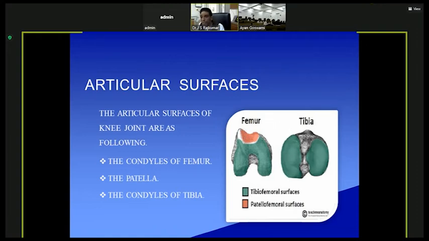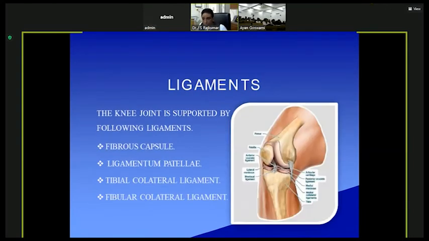Just go through very smoothly along with me, and this will no longer be a trouble to you. So, there are ligaments. Any joint has to be supported by ligaments. I'm going to run you through this. Now, you can see this is the medial side and this is the lateral side. The powerful ligament that runs from the top to the bottom and binds the femur to the tibia on the medial side is the medial collateral ligament.